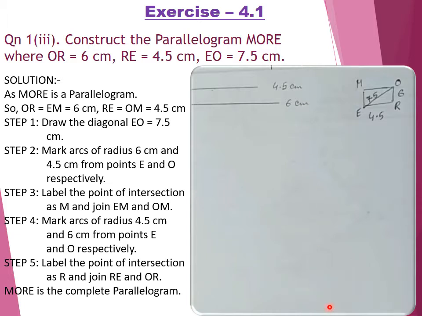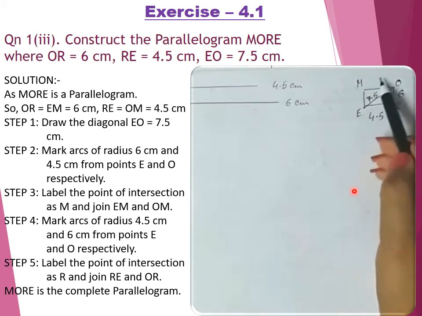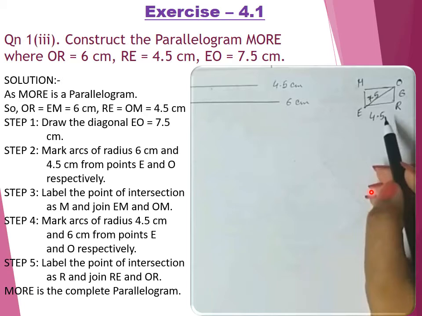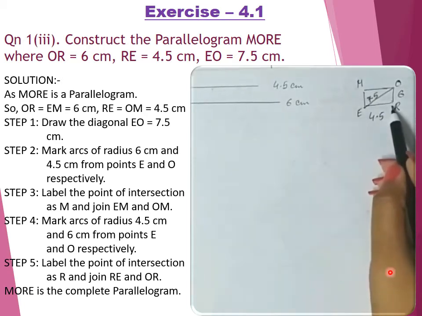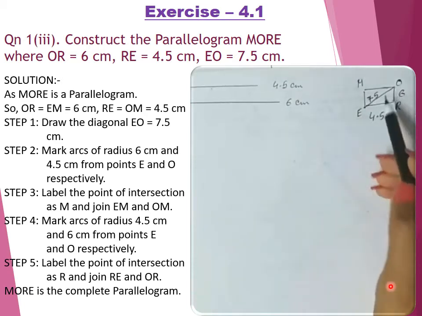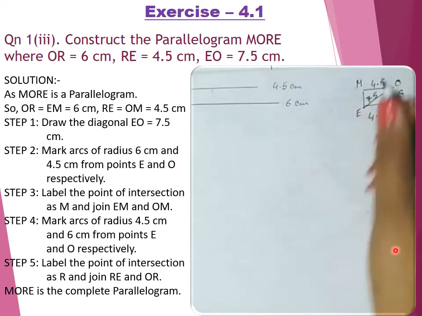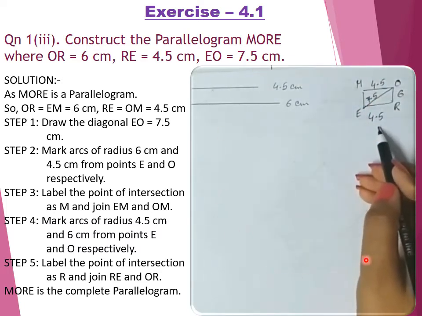According to the properties of the parallelogram, the opposite sides of a parallelogram are equal in length. So we can clearly see these two lengths are not given. Therefore, from the properties we can say that as ER is equal to MO, the length of MO will also be 4.5, that is equal to the opposite side.